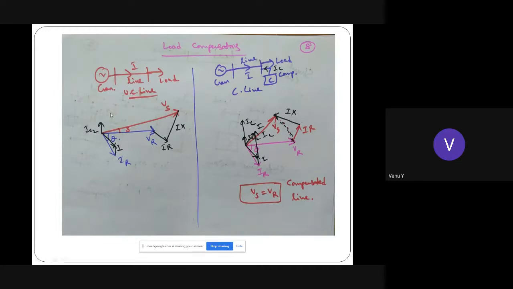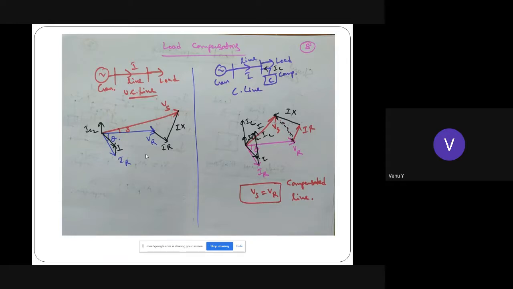Now let us consider without compensation. This is the phasor diagram. VR is the receiving end voltage, IR is the receiving end current. IC2 is the current through the admittance concentrated at the receiving end, and you add up that current so that you will get I. That I is nothing but the current through the series branch, that is the impedance of the line.